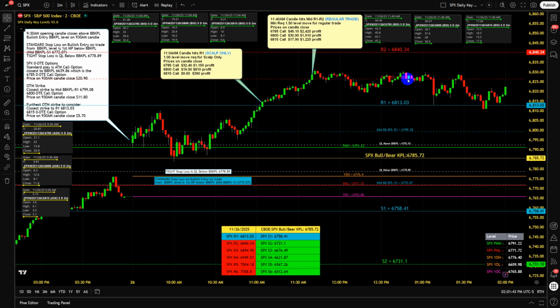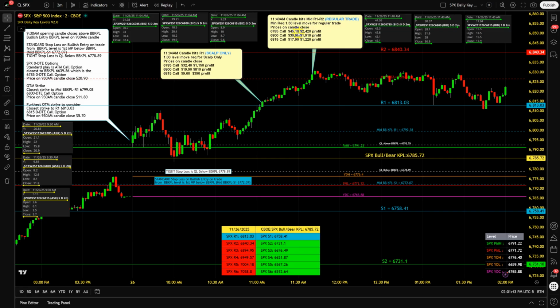As you can see here, the price of this level is kind of covered up by the candles here, but that is the midpoint level here. That is the 1.5 level move in your favor on a regular trade. On a regular trade, that is the minimum required 1.5 level move. And on the 67.85 call, the bid on the close of this candle, 45.10.